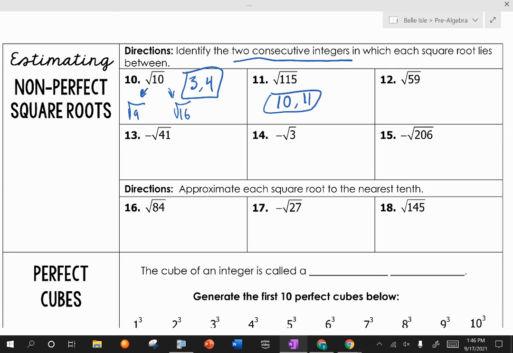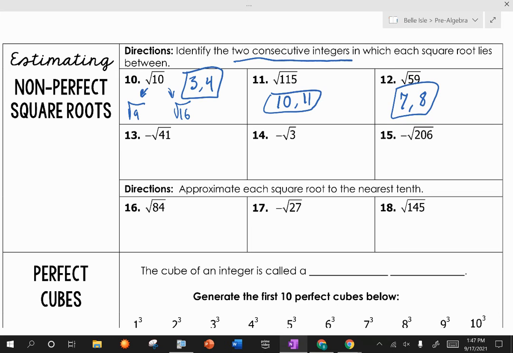Okay, what's the square root of 49? 7. What's the square root of 64? 8. Oh, okay, I understand that. And if you just punched the square root of 59 into your calculator, it's going to give you a decimal number of what? Did anybody do it? 7.6. Yeah. Does that fall in between 7 and 8? Yeah.